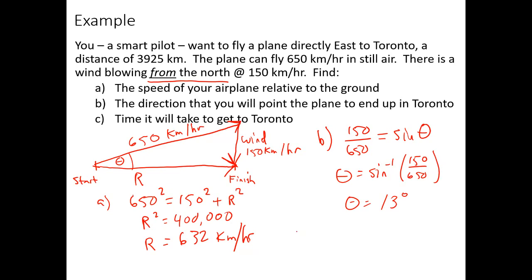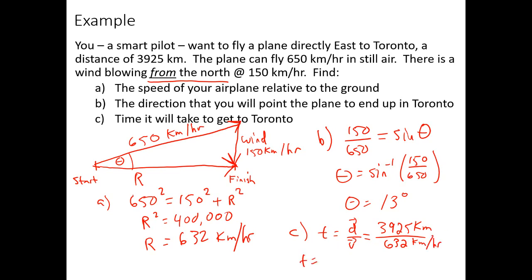Lastly, the time it will take to get to Toronto. Time is going to be displacement divided by velocity. Our displacement is due east, so 3,925 kilometers. The velocity heading straight to the east is going to be that resultant velocity that we found, or 632 kilometers per hour.